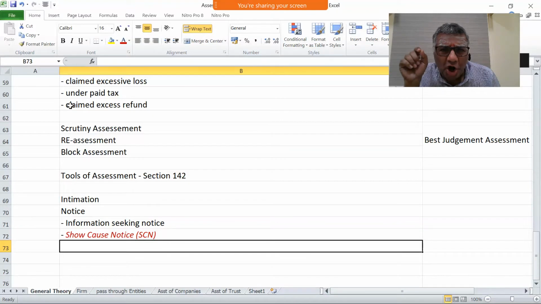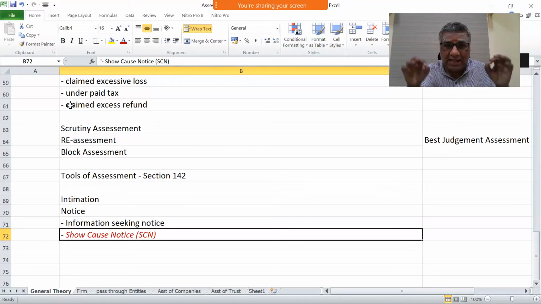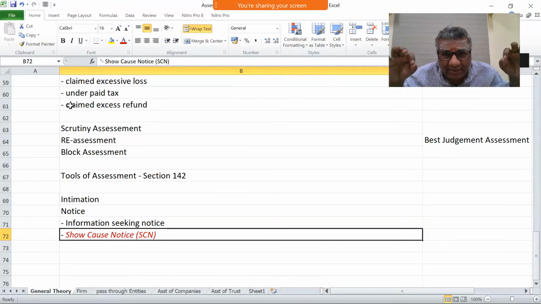Show cause: show me the reason why I should not do it. The first one is an information seeking notice. The second one is show cause notice. Show me a reason. The wordings will be so.